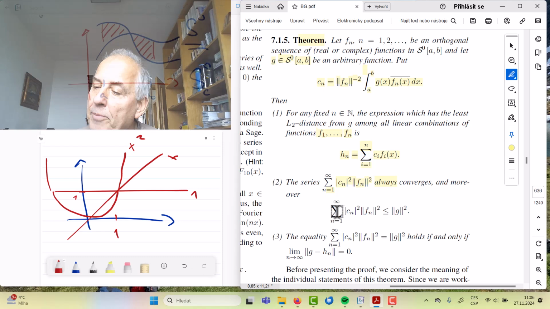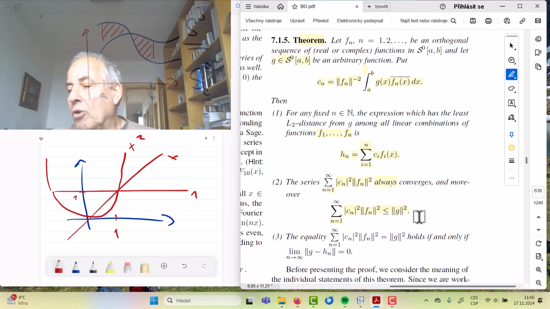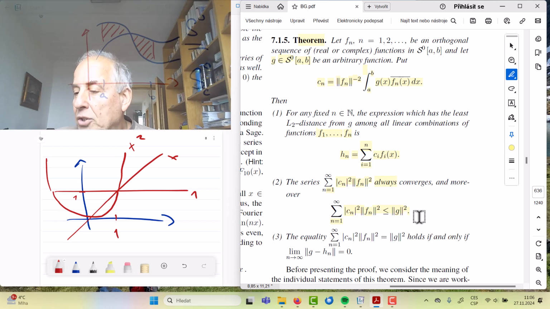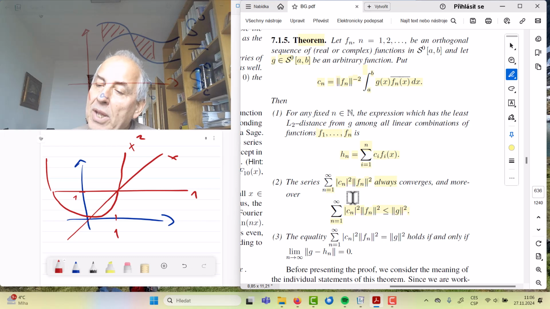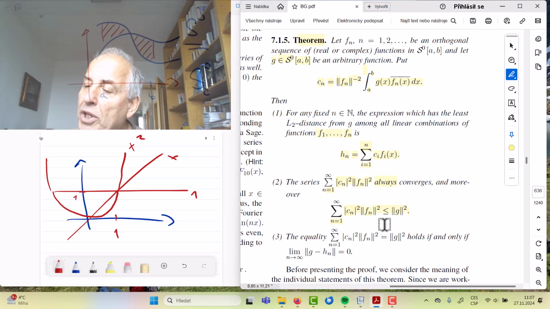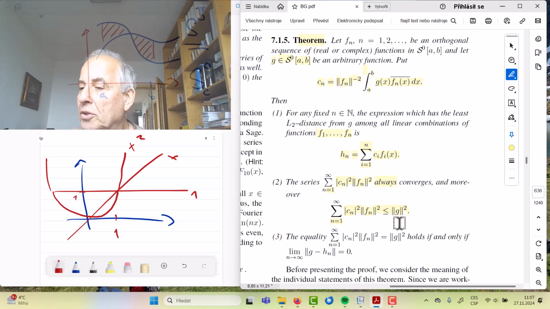And moreover, there is the so-called Bessel inequality, which says that the result of this sum, which is always absolutely convergent, because it's just a sum of non-negative reals, is always less than or equal to the norm of G. The norm of G exists because G is from S0.